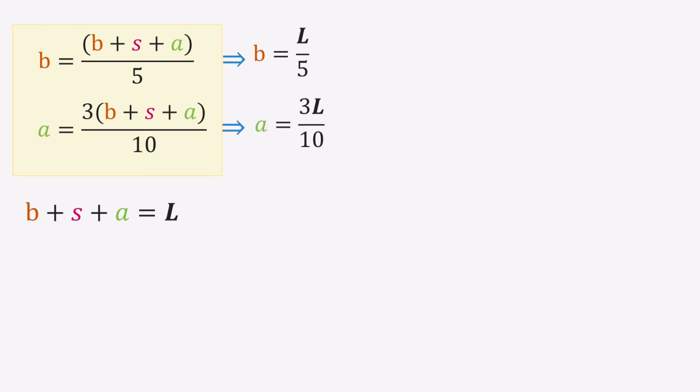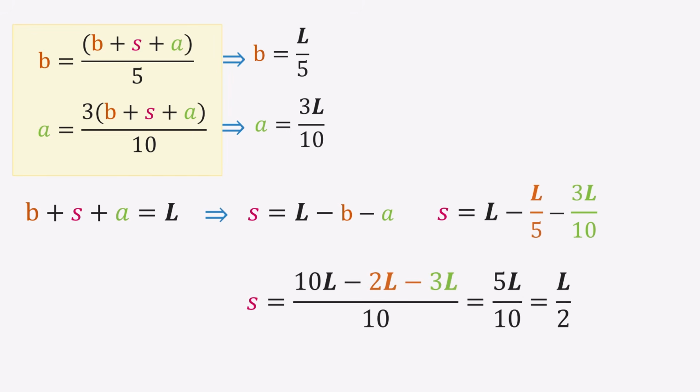And we also know that if we subtract A and B from both sides, we can find S. So let's do that. S is equal to L minus B minus A. Now let's substitute. S is equal to L minus L over 5 minus 3L over 10. Take a common denominator, S equals 10L minus 2L minus 3L over 10, which gives 5L over 10. So, S equals L over 2.